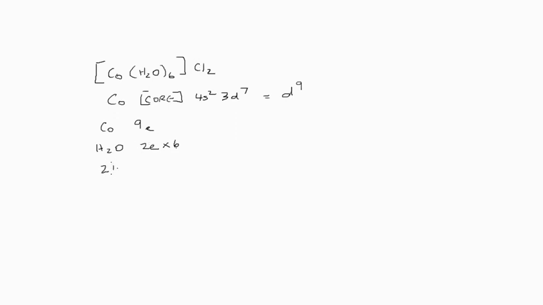So again we had a 2 plus, because we could have written this as +2 like that. So treating it in that sense, because we've added a 2 plus, we have to take 2 electrons from our total, being 9 plus 12 is 21, minus 2 makes 19 electrons.